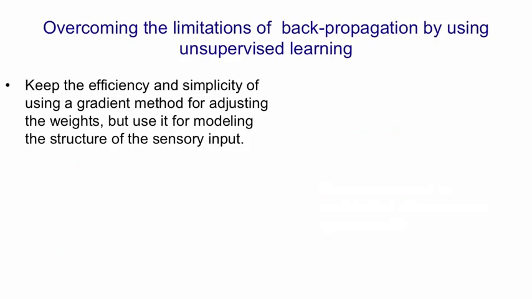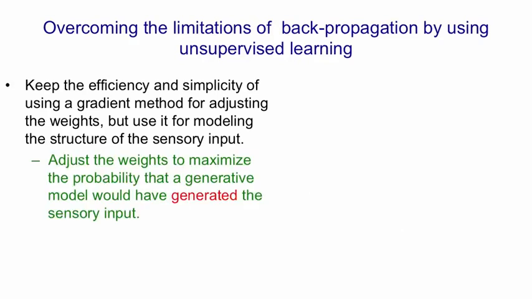So one way to overcome the limits of backpropagation is by using unsupervised learning. The idea is that we want to keep the efficiency and simplicity of using a gradient method and stochastic mini-batch descent for adjusting the weights, but we're going to use that method for modelling the structure of the sensory input, not for modelling the relation between input and output.